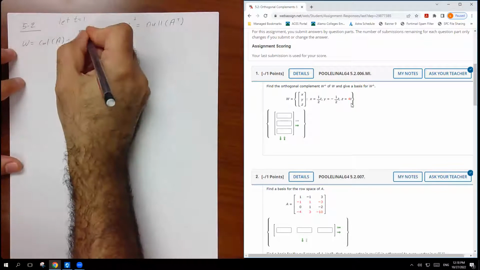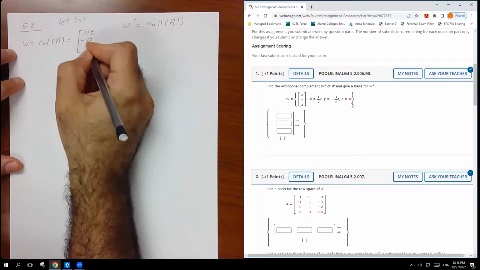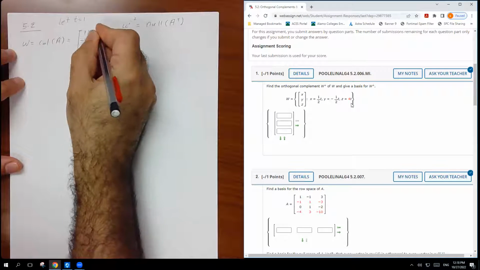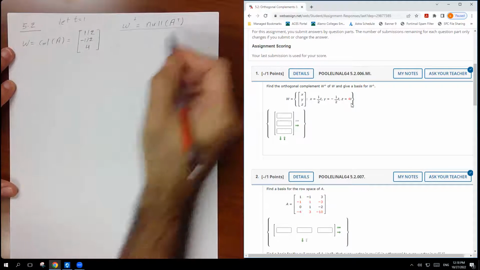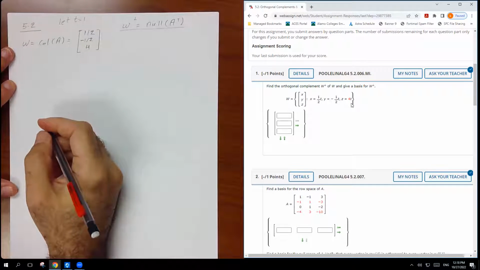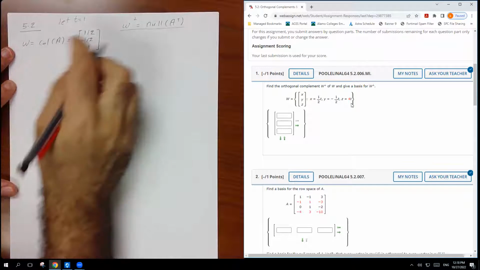So X is going to be 1/2, Y is going to be -1/2, and Z is going to be 4. I'm going to use this rule. That means the first thing I need to find, I'm going to let this be the A transpose. That means this is A.